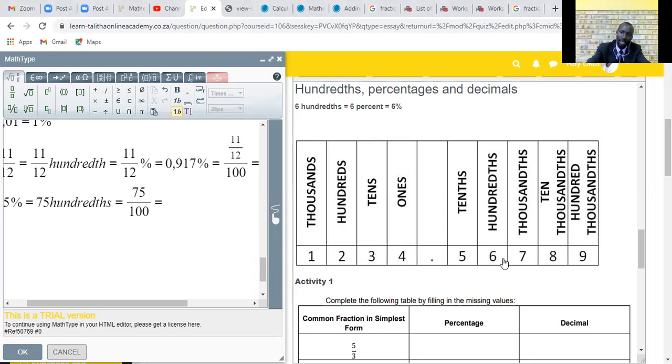Like this is the first place, then this is the second place. The third place is where we have the decimal point.